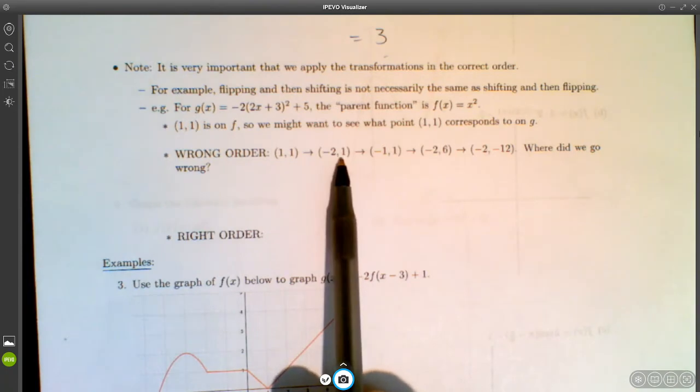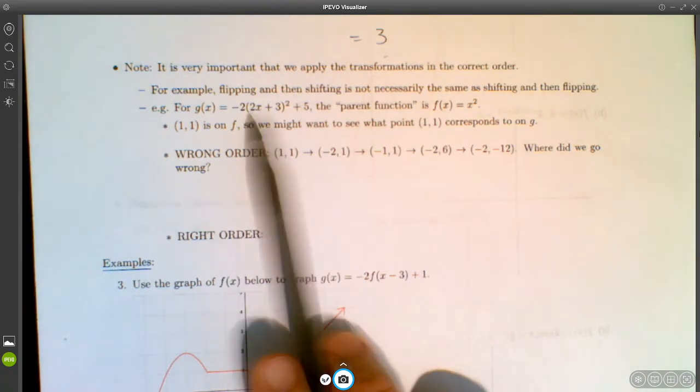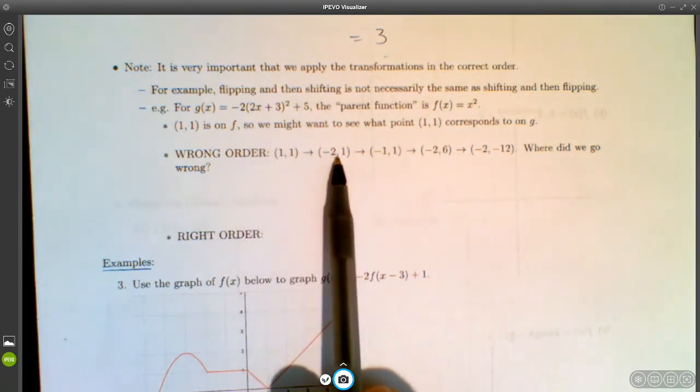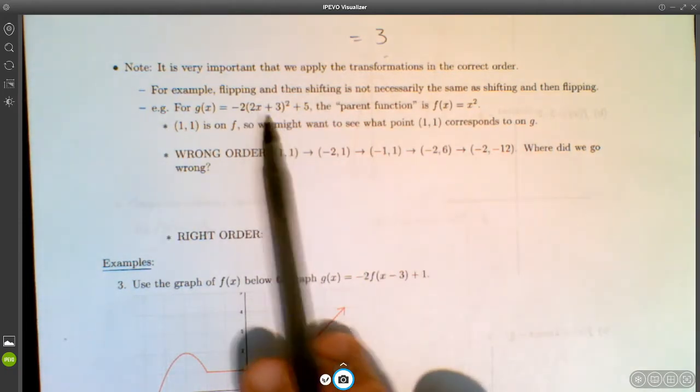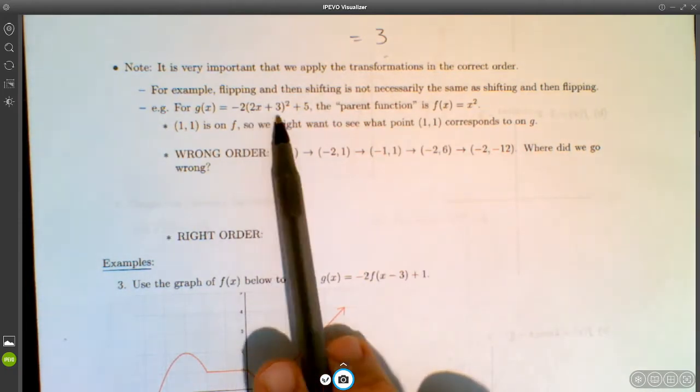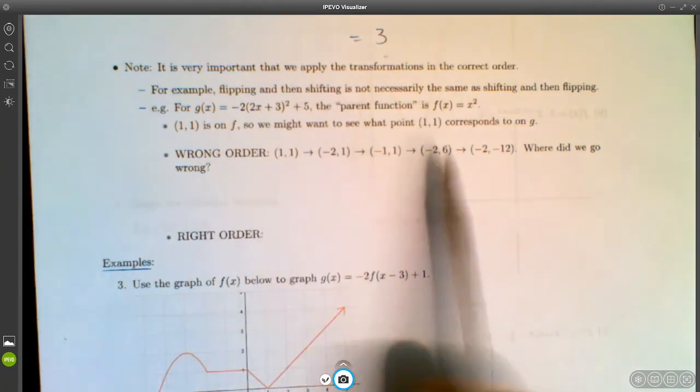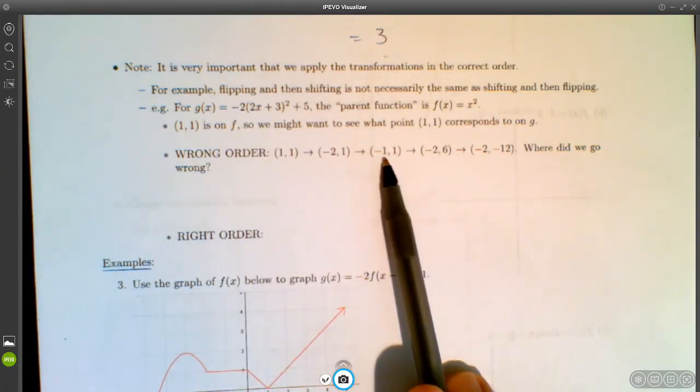So far, so good. Then we would need to divide by 2. -2 divided by 2 is -1. Still good. And that takes care of the transformations to x. Now for the transformations to y, we're going to multiply y by -2.